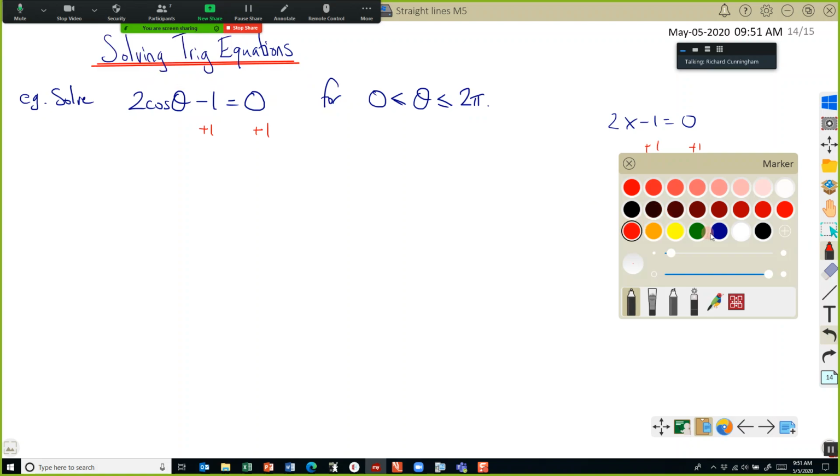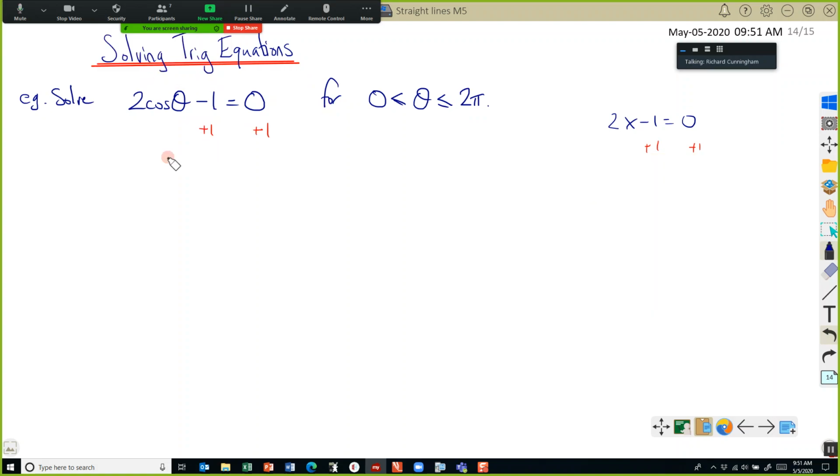That leaves me with 2 cos theta equals 1. And then what would you do if you had 2x equals 1? Yeah, divide both sides by 2. So I end up with cos theta equals 1/2.